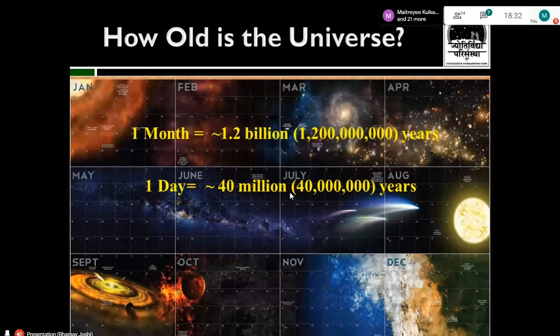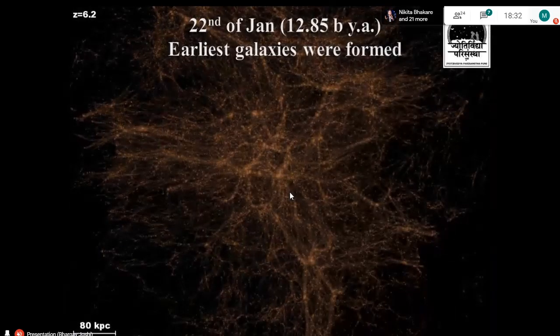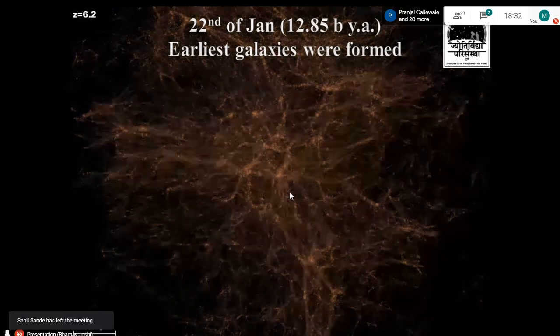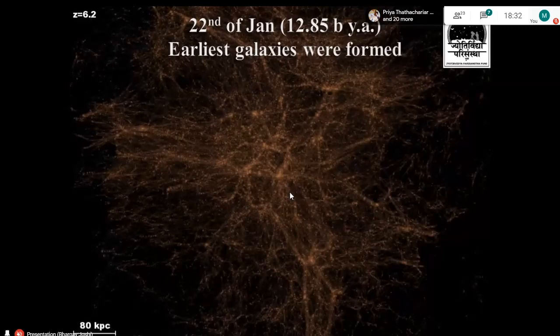So when were the earliest galaxies formed? If you want to plot the emergence of the earliest galaxies in your cosmic calendar, they came in on 22nd of Jan. Now remember, one day stands for 40 million years. So when you're talking about 22nd of Jan, it means 40 million times 21 years have already elapsed, and that is when the earliest galaxies were formed.